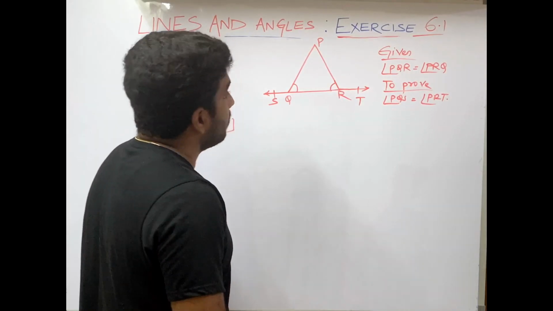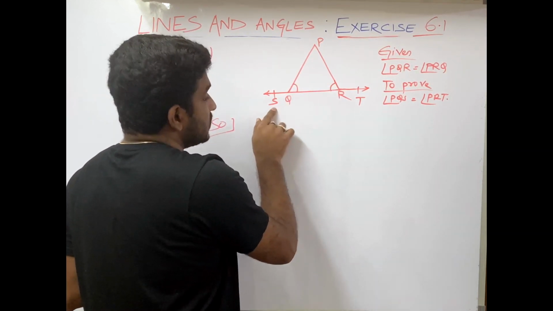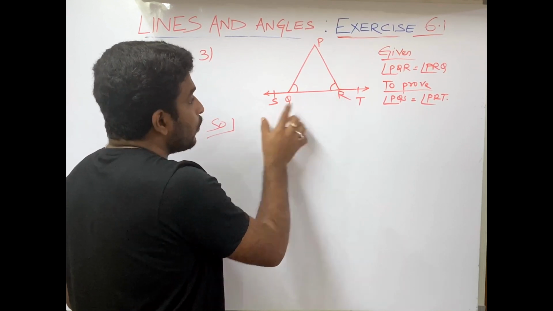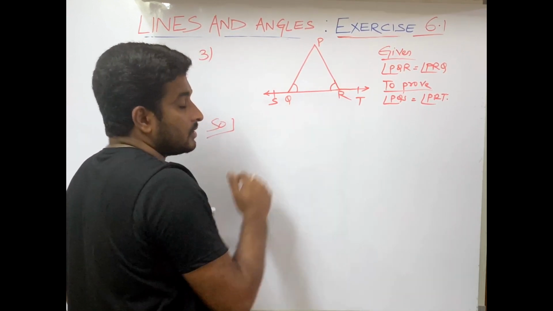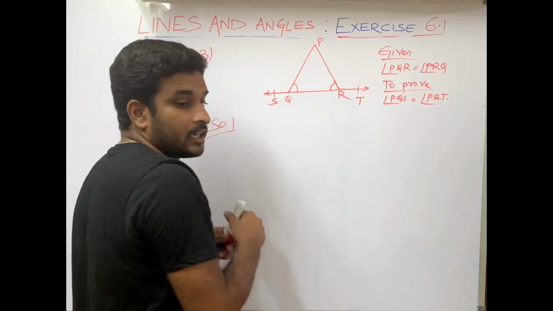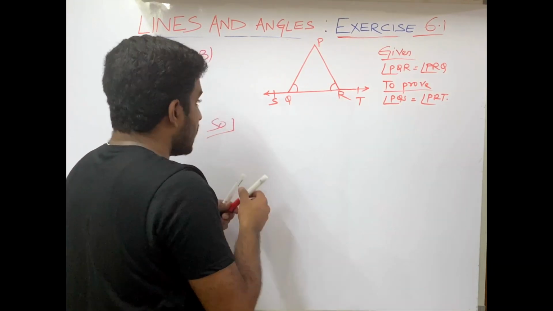Next problem is, we have PQR as a triangle where Q is extended to S, R is extended to T, where QR lies on line ST. Now they give angle PQR equal to angle PRQ. We have to prove angle PQS equal to angle PRT.